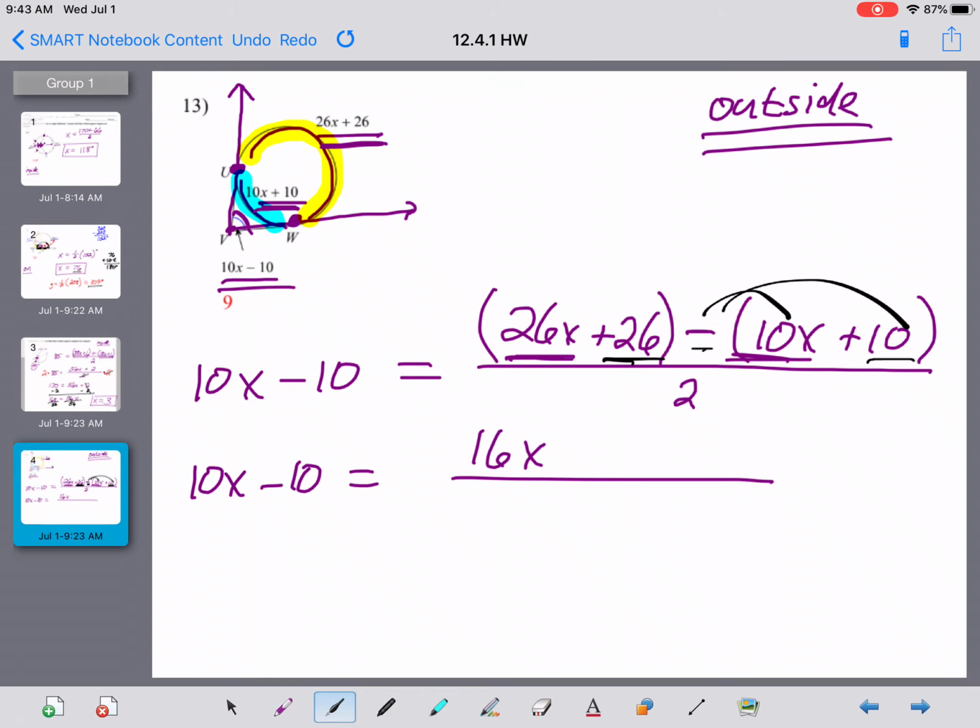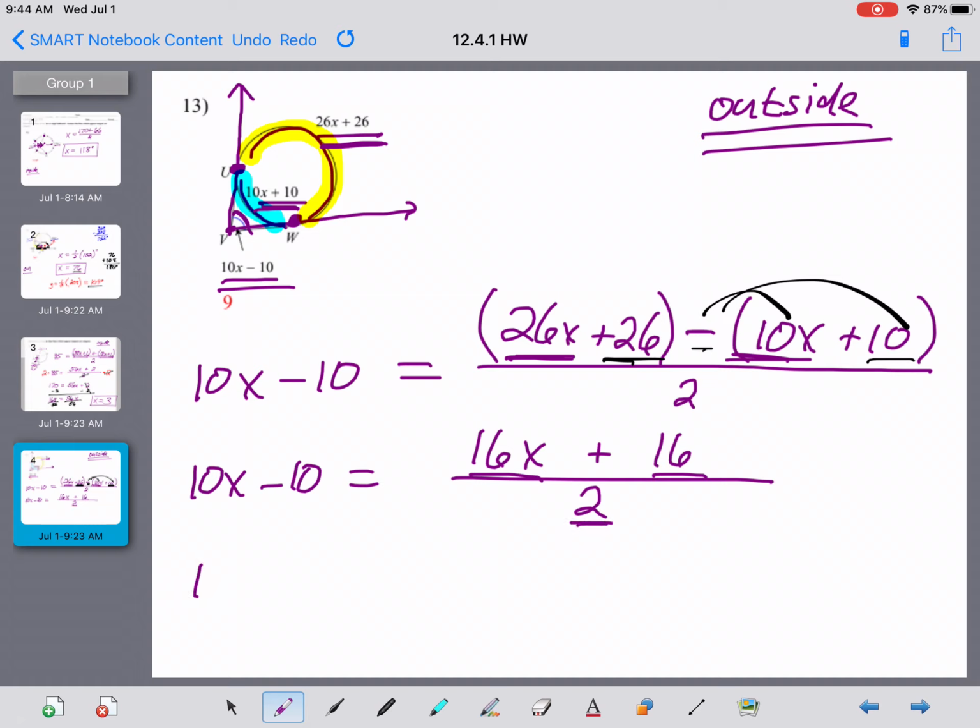We're distributing that negative. So a 26 minus 10 is going to get us a positive 16, and all that gets divided by 2. Now, in the last problem, I told you to go ahead and multiply both sides by 2. I still think that's a good idea. But in this case, everybody, since both 16x and 16 are even numbers, they're both evenly divisible by 2.